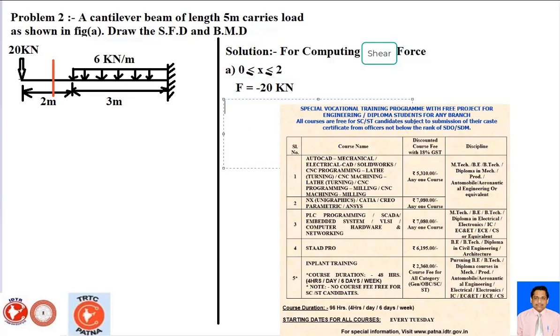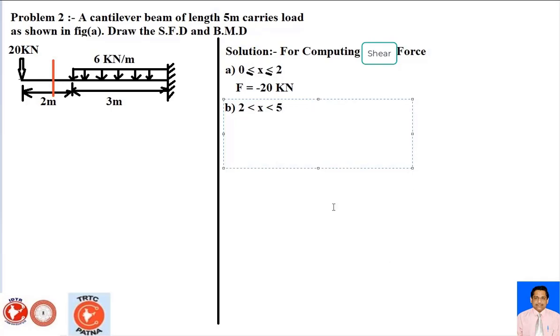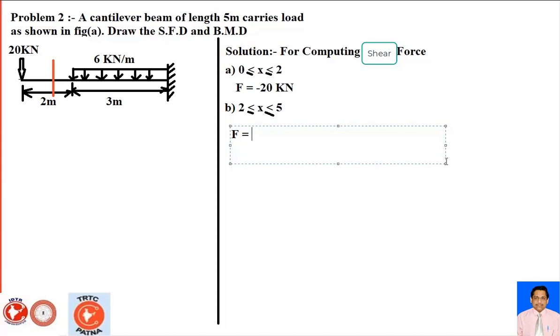But go to the second section, where 2 is less than or equal to x less than or equal to 5. Total length is 5. So what is your force equation? So force is equal to, first of all, minus 20. Then after that go to the minus, and then you have to use here the 6.